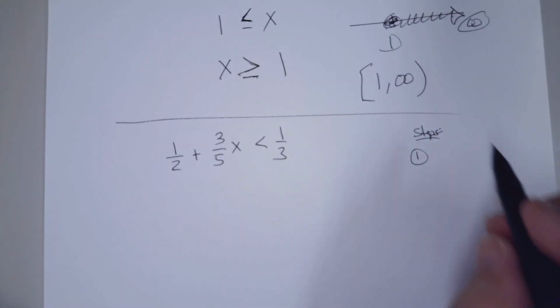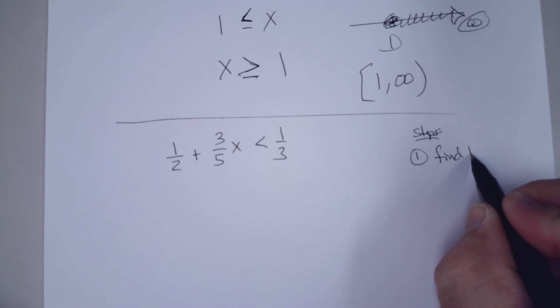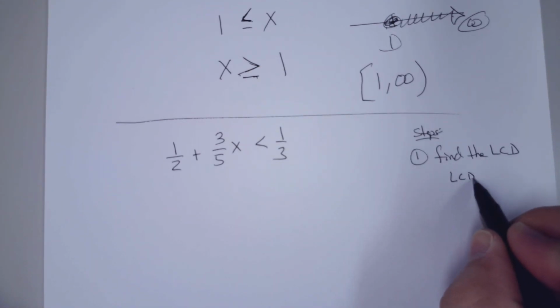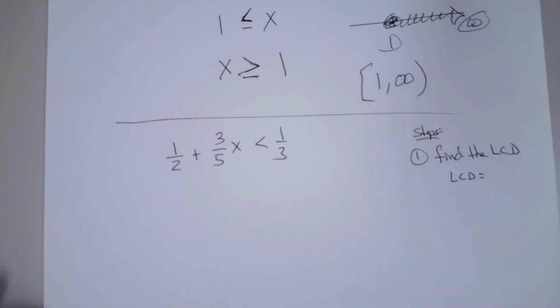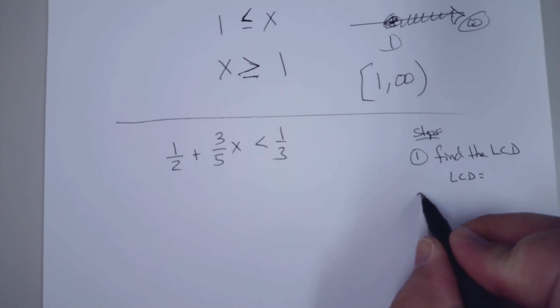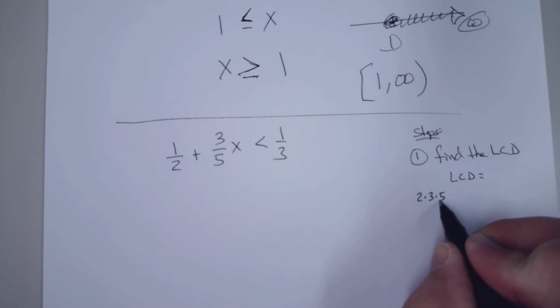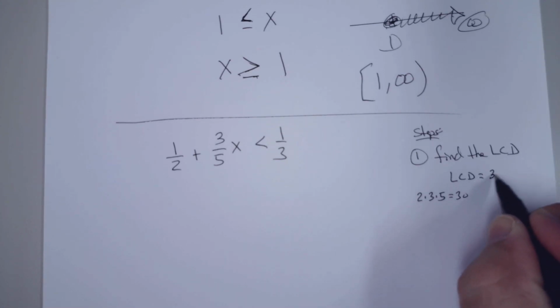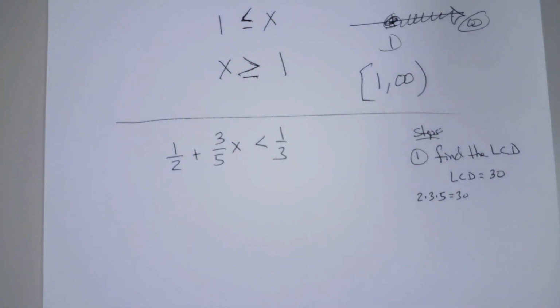First, find the LCD. In this case, since they're all different numbers, multiply them. 2 times 3 times 5. 2 times 3 is 6 times 5 is 30. That's the LCD.